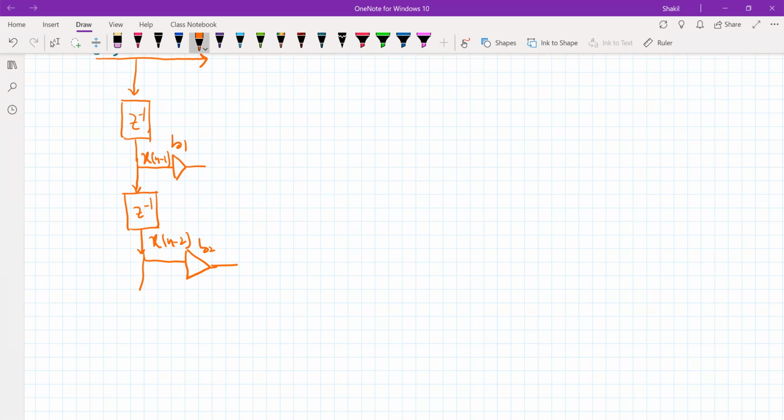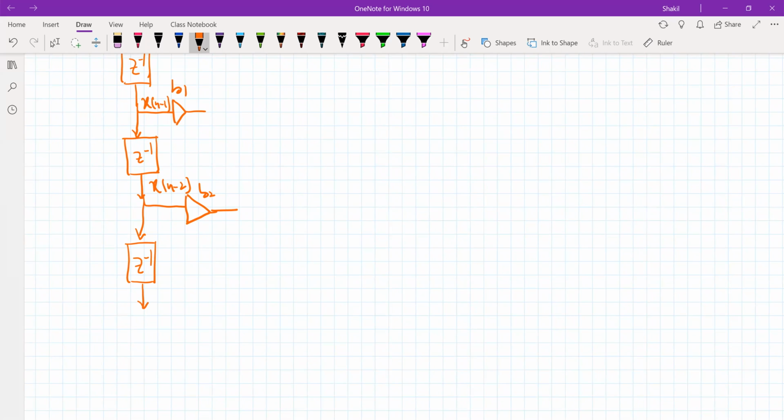Then I'm going to further delay it, and the output available here is x of n minus 3, and I will pass this through a multiplier whose multiplying coefficient is b3, and so on.